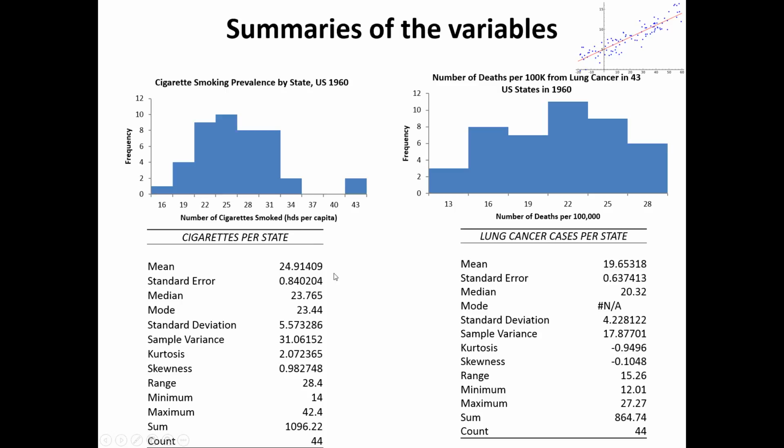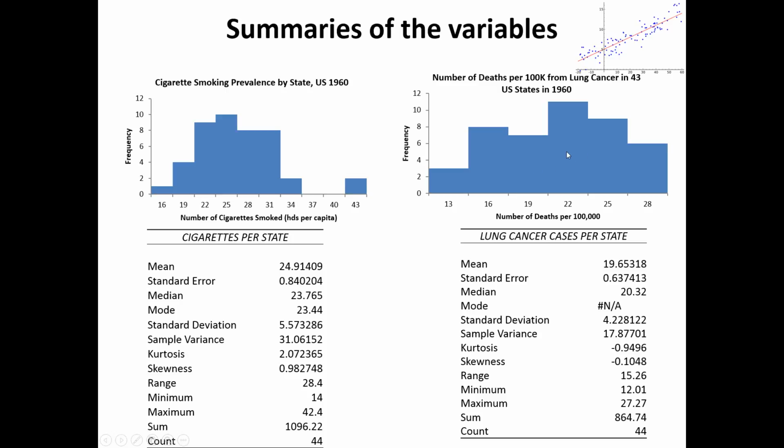These numbers are in hundreds per capita, and this varied by state. The shape looks almost right skewed, because there seems to be a tail over here. But you can see that it varied. One state in particular had more smoking than other states.